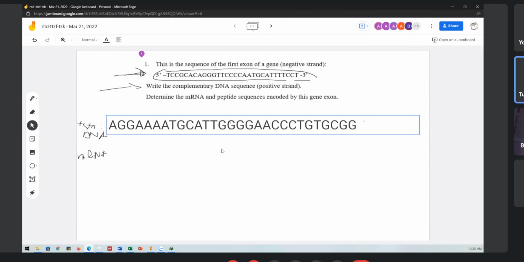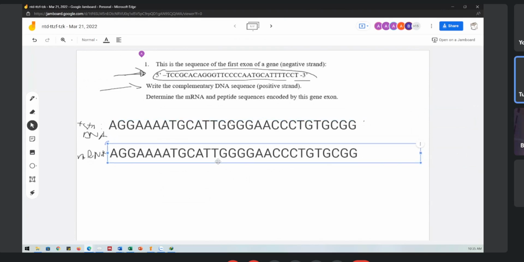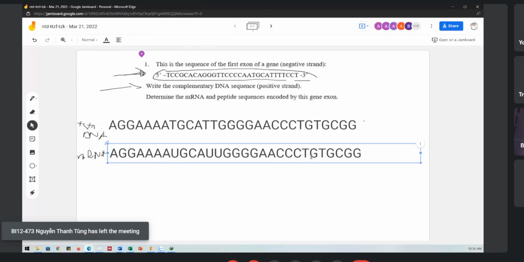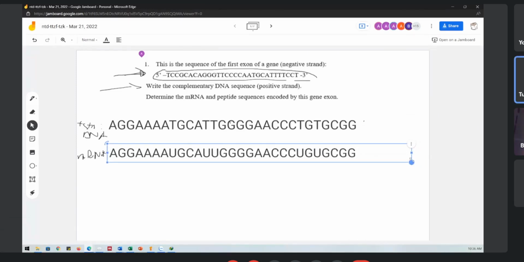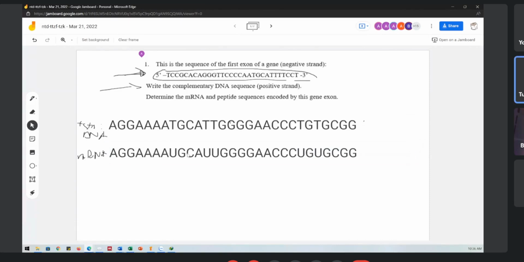So what we will do is that we copy this and we replace all of the T by the U, right? Yes. Like this, like this, and like this. Okay, so we will have this one. So basically, the mRNA is the positive strand where you replace the T with U. So what is the last step?